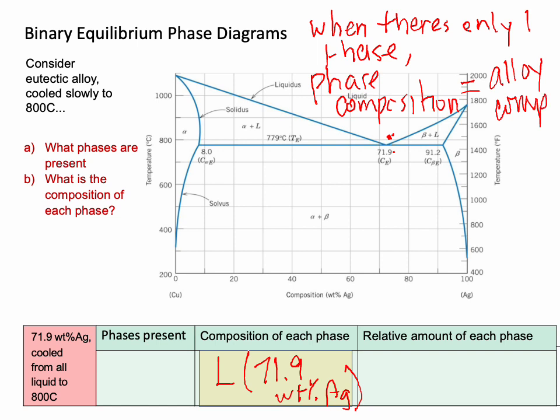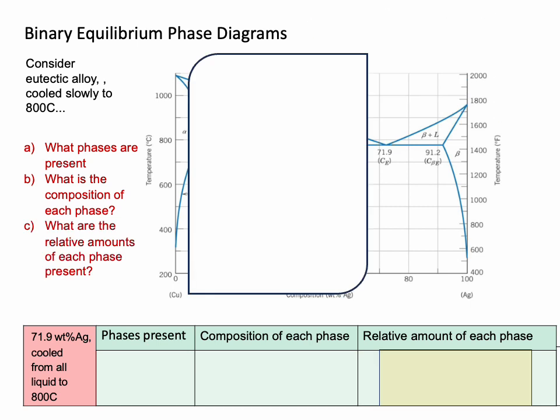And if there's only one phase, then the relative amount of liquid is 100%. I don't need to use a lever.